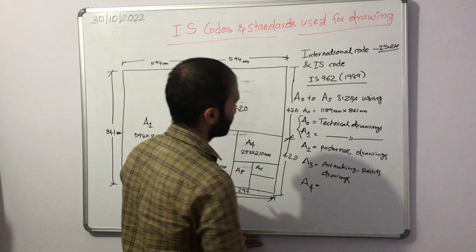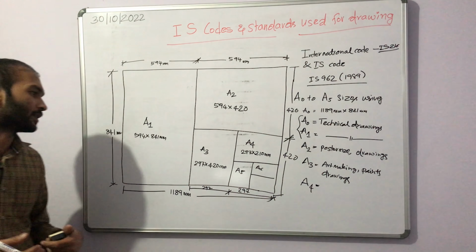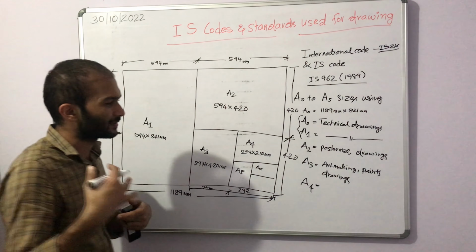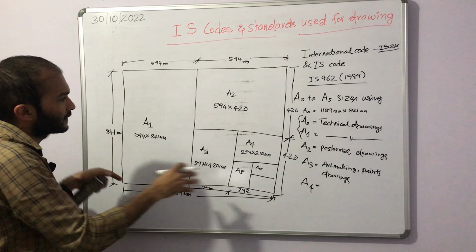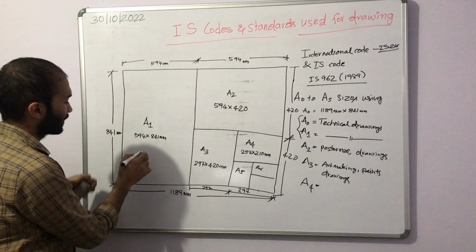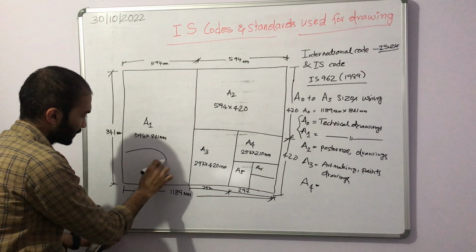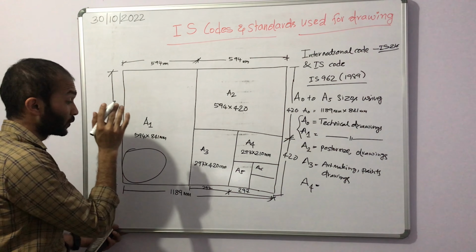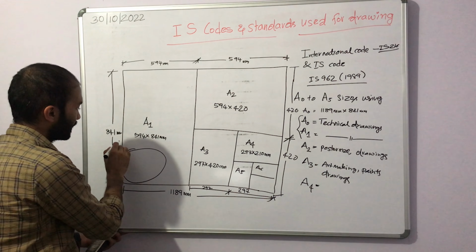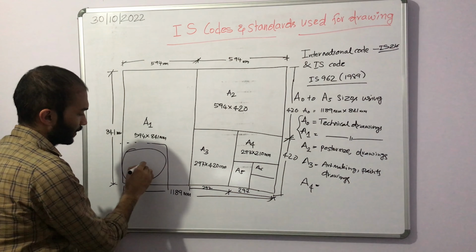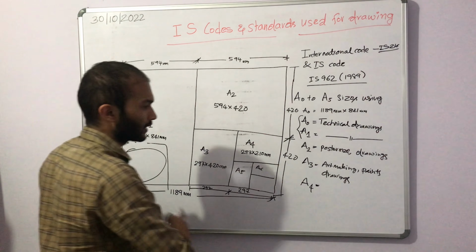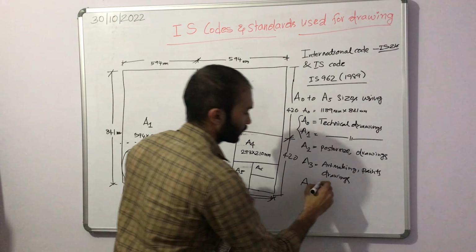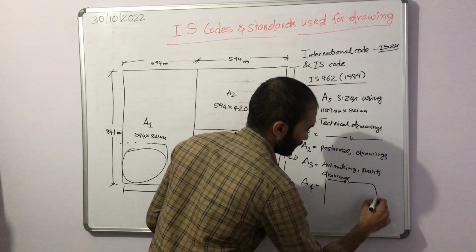A4 is majorly used to represent section details. Suppose in an A0 drawing I want to focus on a particular area, I just want to take this much area only. So I take that section in an A4 size so that I have a clearer picture.